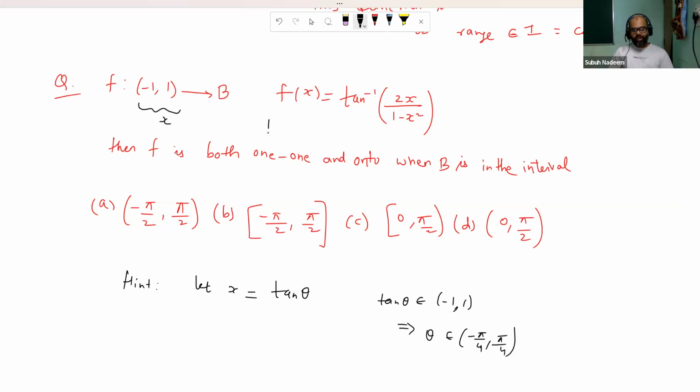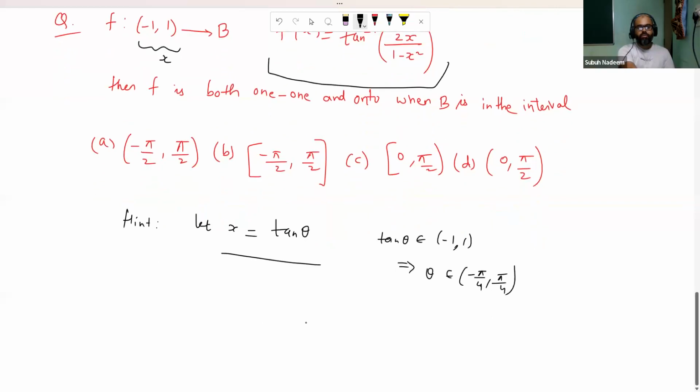Now you can simplify this f of x after putting x as tan theta. What will you get? Can you tell me?